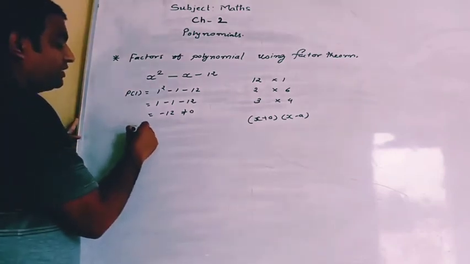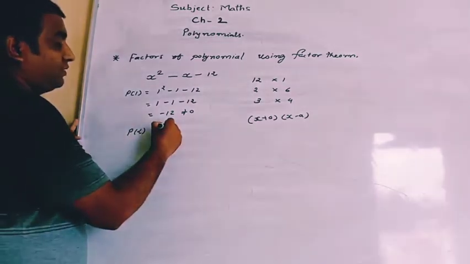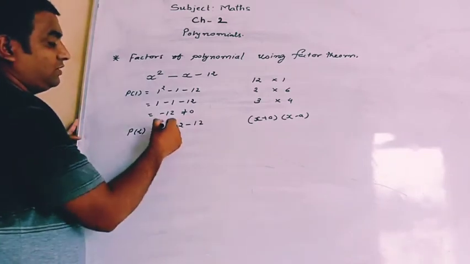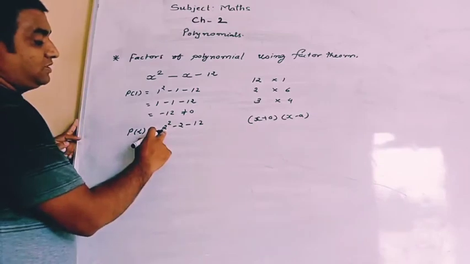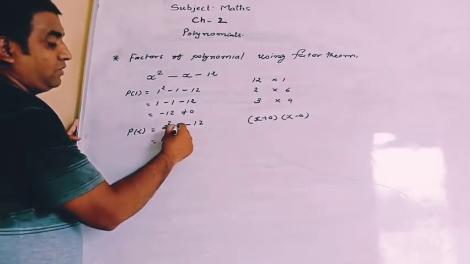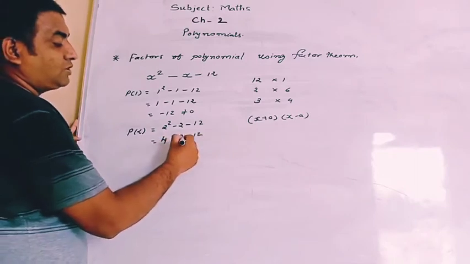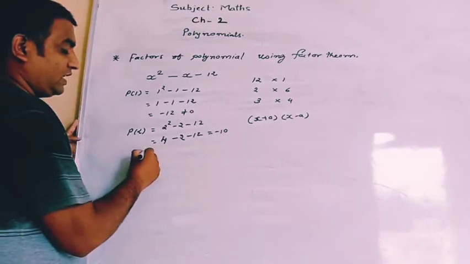Now P(2): 2 square minus 2 minus 12, so 4 minus 2 minus 12, so minus 10.